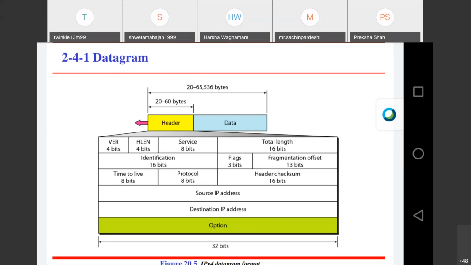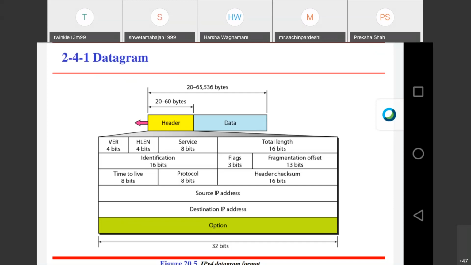By this field, the router or the destination host will come to know the size of data because it can easily calculate the size of data from the total length. Size of data is equal to total length minus header length. So with 16 bits, how many bytes can you represent? Obviously 65,536 bytes because 2 raised to 16.